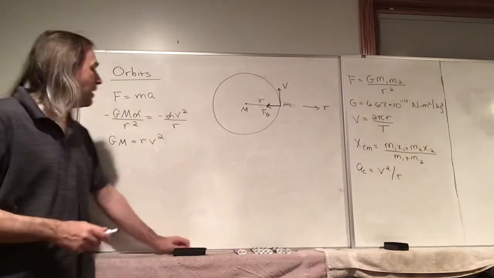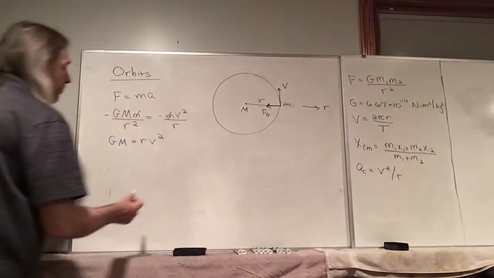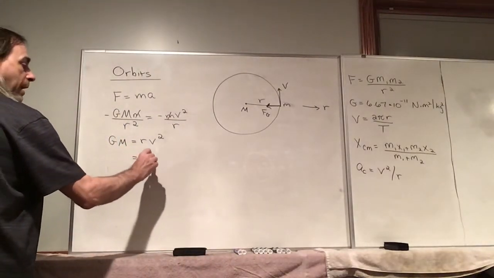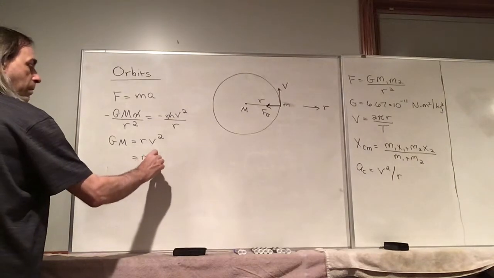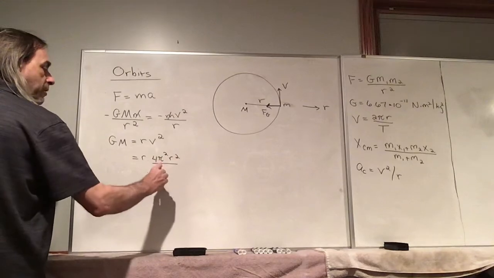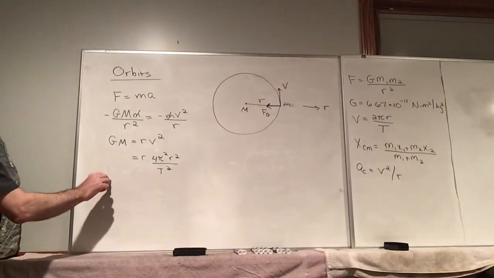And so let's replace this v with 2 pi r over T. If we square that, we'd have 4 pi squared r squared over T squared. And let's clean this up a little bit.